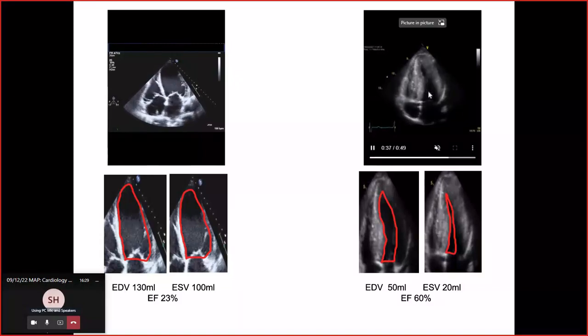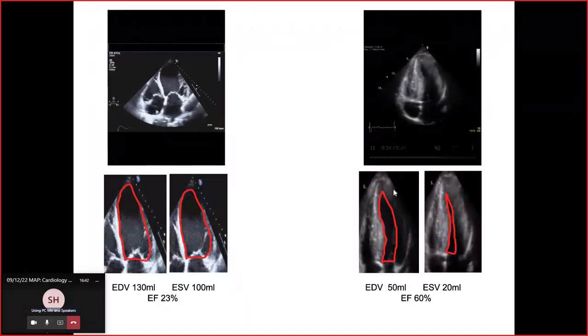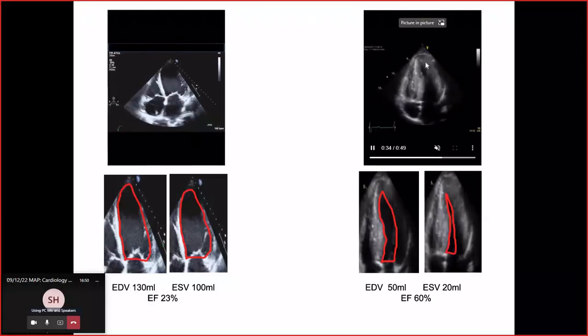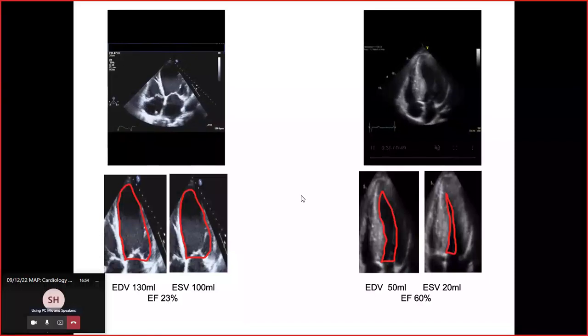On the other side, this is the patient with amyloid heart disease, because of the concentric LVH, the cavity within the LV is smaller than usual. So the end diastolic volume here is 50 and the end systolic volume is 20 with ejection fraction of 60. You can appreciate that the systolic function is completely normal in this patient.